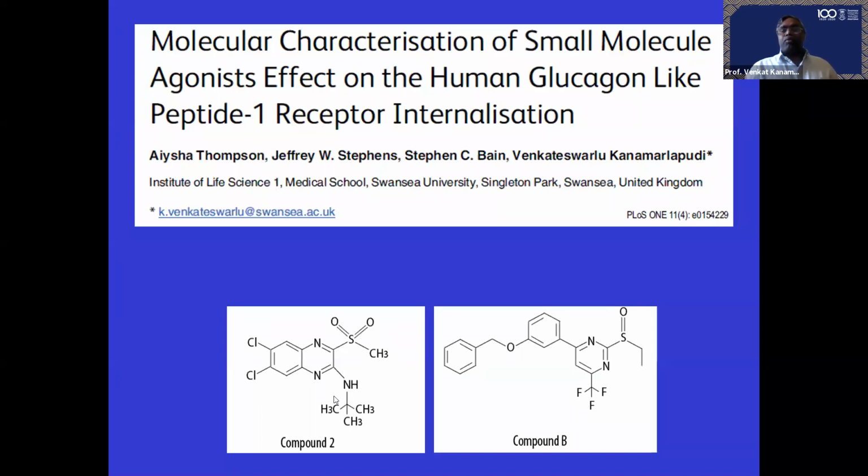The company has developed several small molecules that can be taken orally. Here we have taken two examples, called compound 2 and compound B. We used these two to study how they activate the GLP-1 receptor compared to the endogenous ligand GLP-1.